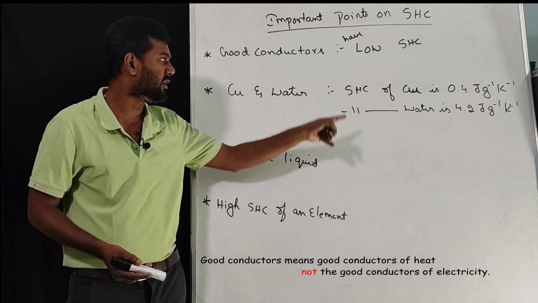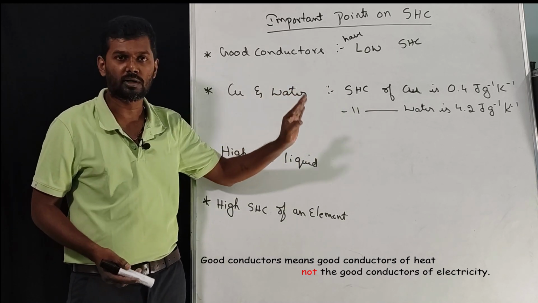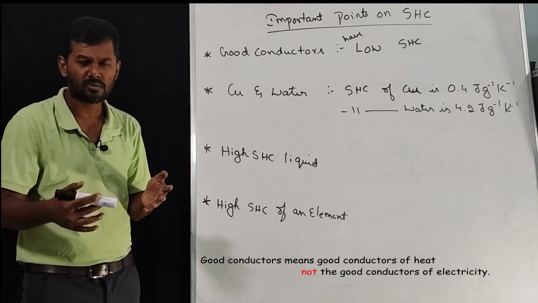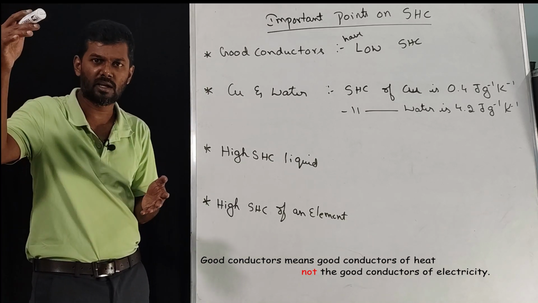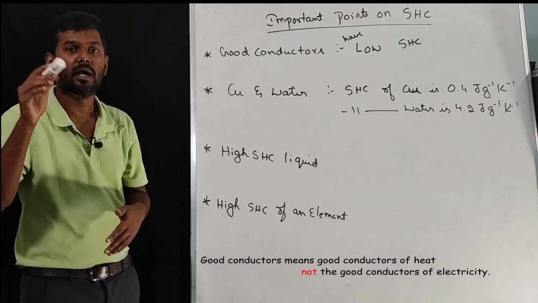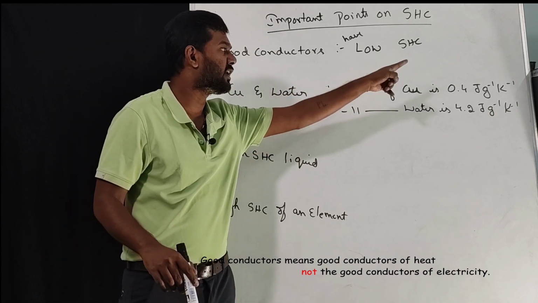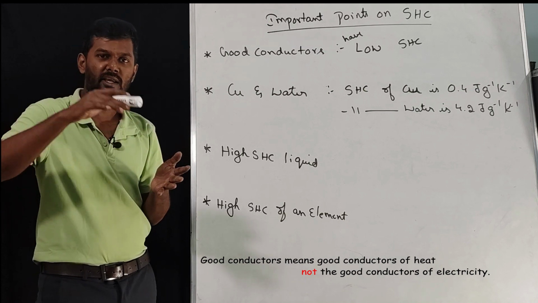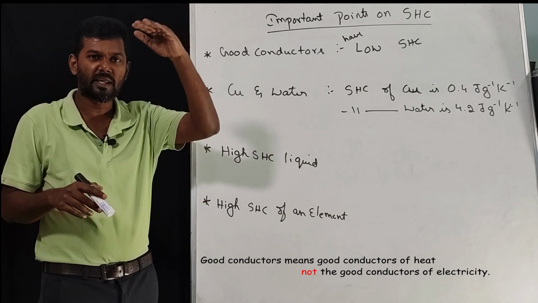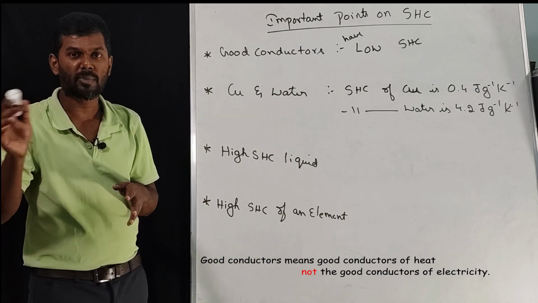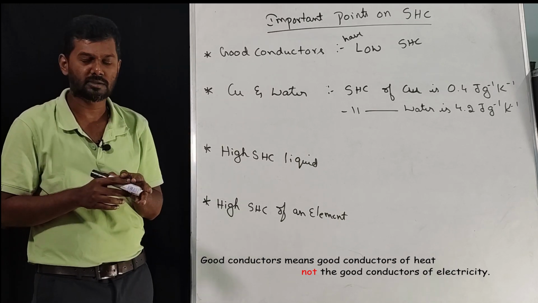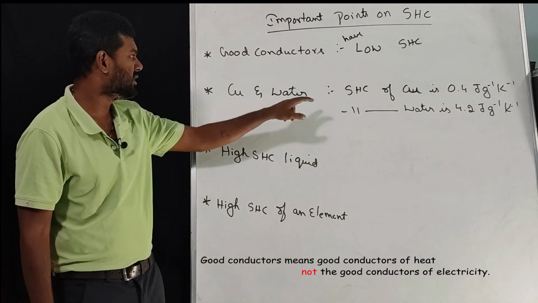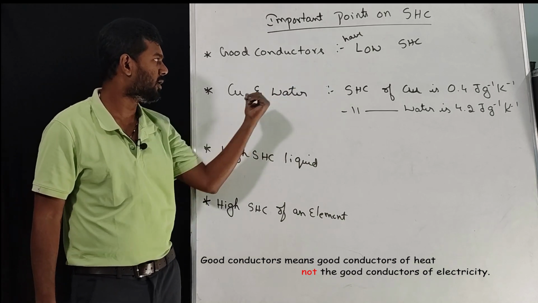This is the difference between copper and water. So, if the temperature of any substance increases rapidly or decreases rapidly, that has low specific heat capacity. If the temperature of an object increases gradually and decreases gradually, without a rapid rise or decrease, that will have high specific heat capacity. So this is the difference between copper and water.